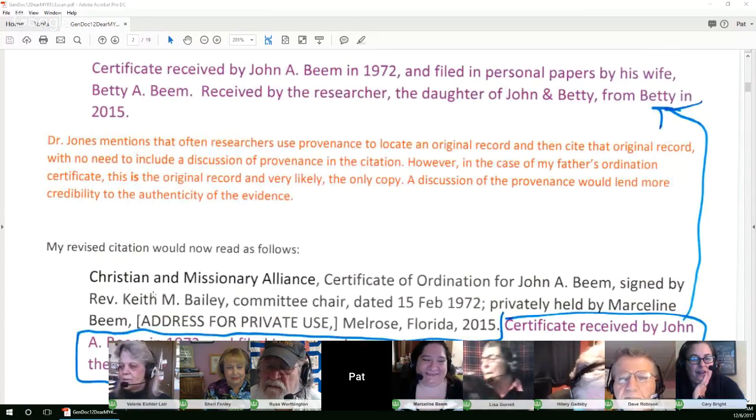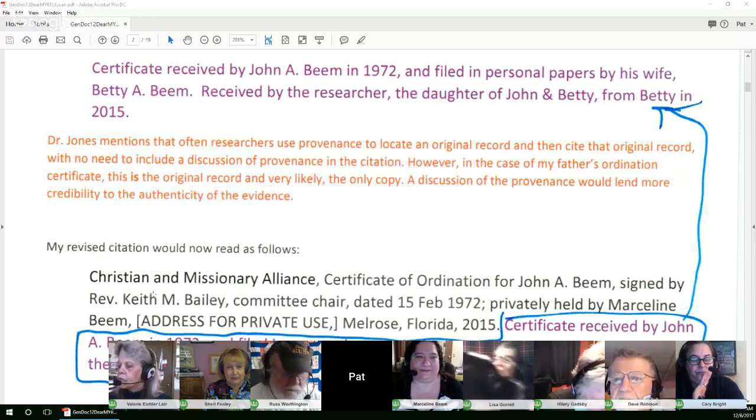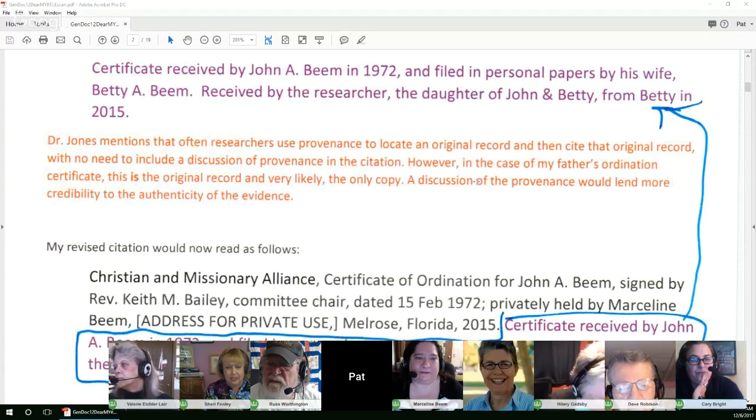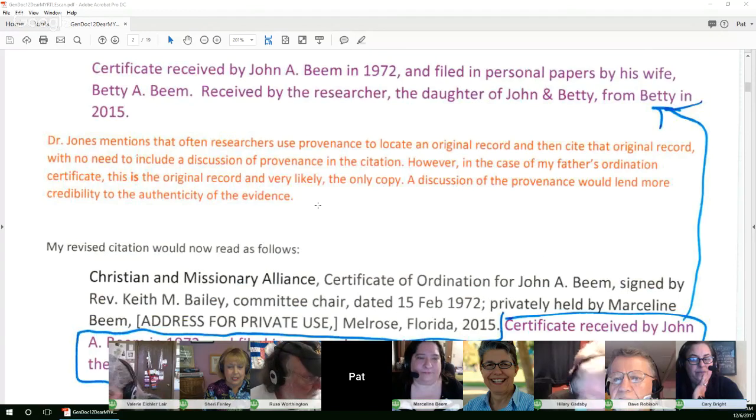Talk to me then. First of all, I want to thank you for that because you're making me think. Of particular interest is this sentence where you said a discussion of the provenance would lend more credibility to the authenticity of the evidence, the reliability. We'd see the motivation. In this day and age you can order a certificate online to be a doctor or minister or whatever.